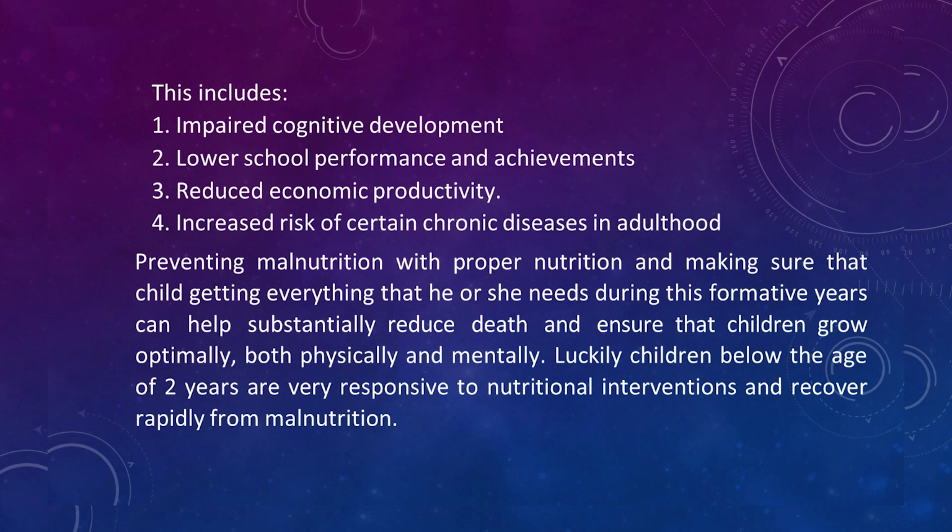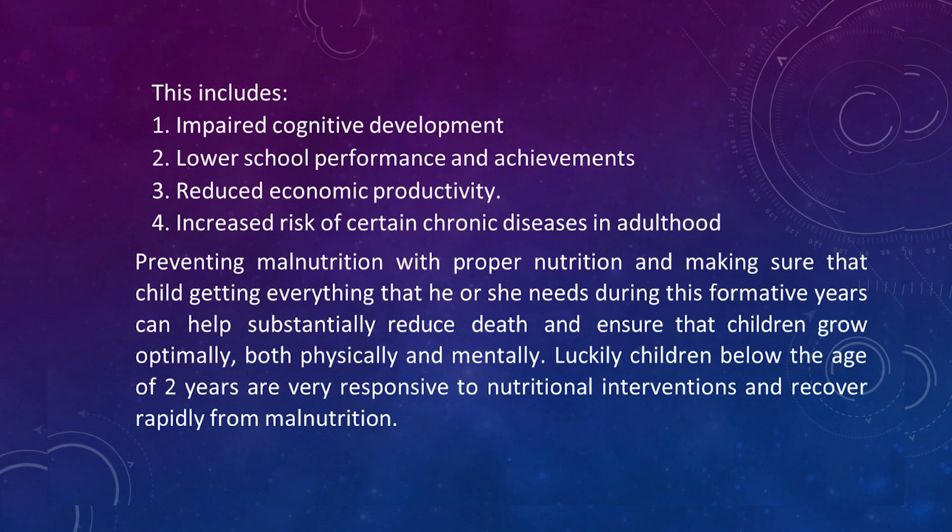So, these are the consequences the child may face if it is undernourished or malnourished during the first 5 years of life. Preventing malnutrition with proper nutrition, and making sure the child gets everything he or she needs during these formative years, can help substantially reduce death and ensure that children grow optimally both physically and mentally.